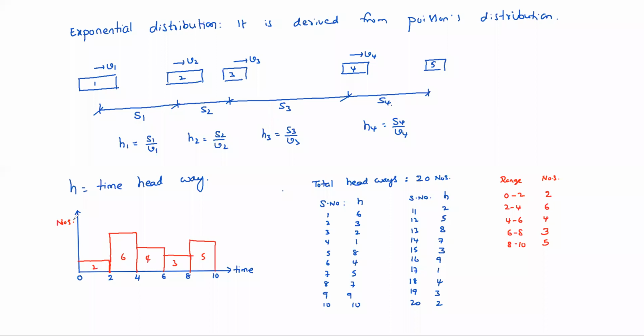Next, suppose how to find probability. See here, the probability of headway greater than some given time t can be defined as follows.